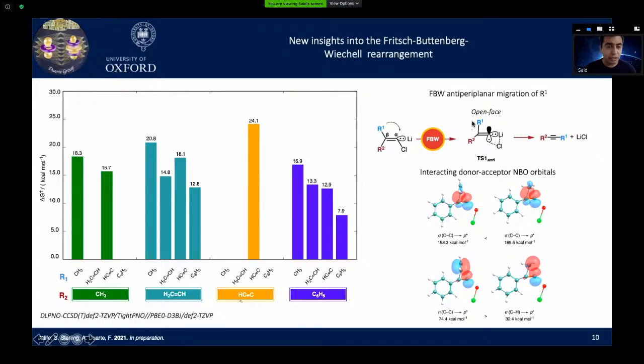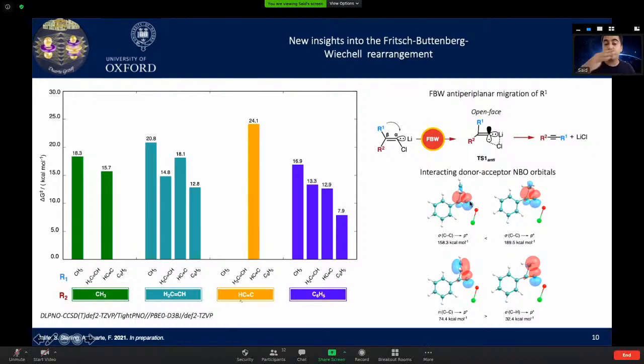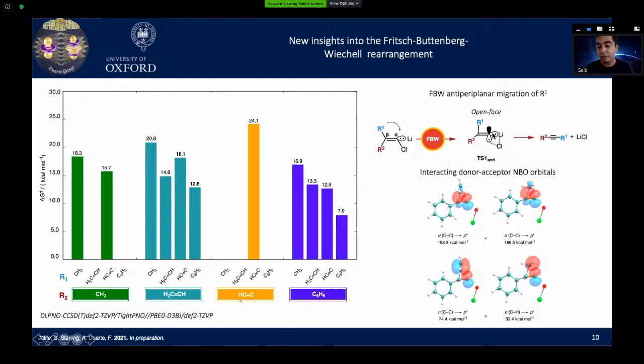Actually, this figure shows the activation energies for this step, where we have fixed the stationary non-migrating group and changed the migrating group. And what we can see is that the barriers decrease in general, going from methyl to phenyl group.